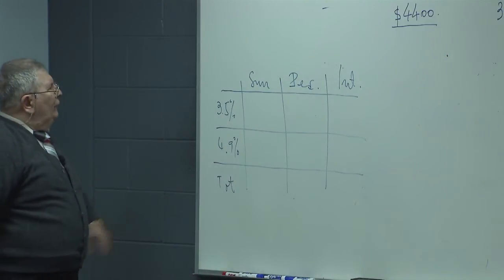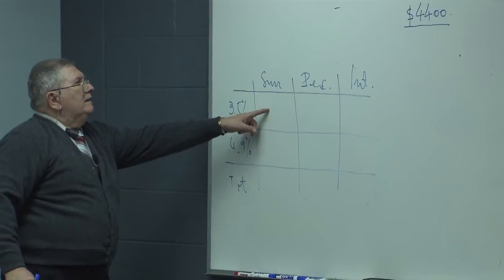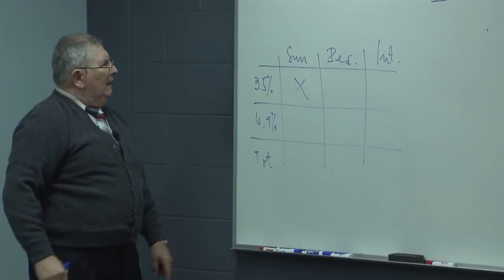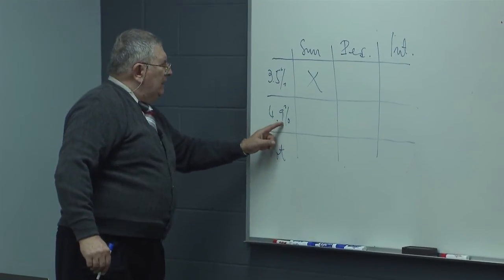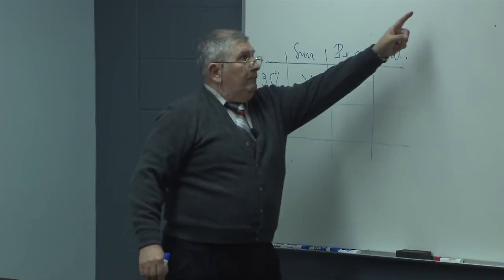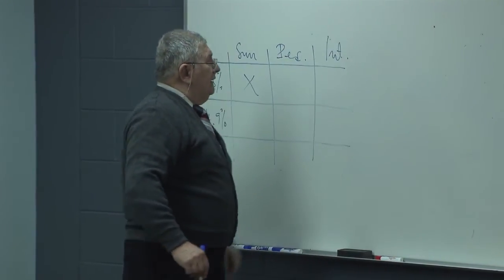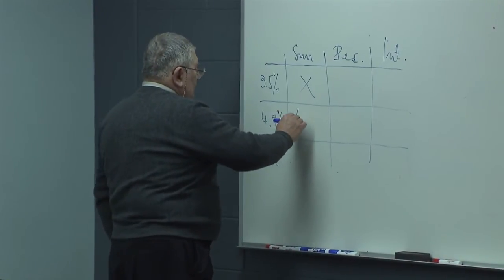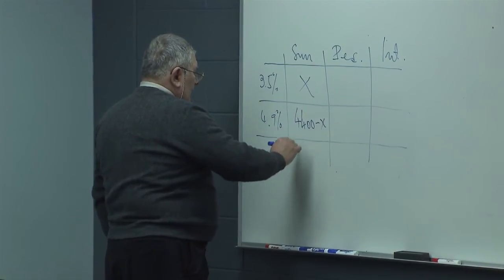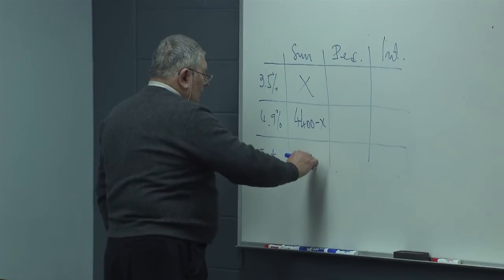Do we know how much is the sum at 3.5%? No, we don't. X. Do we know what is at 4.9? No, we don't, but because the total is 4,400, it is 4,400 minus X.